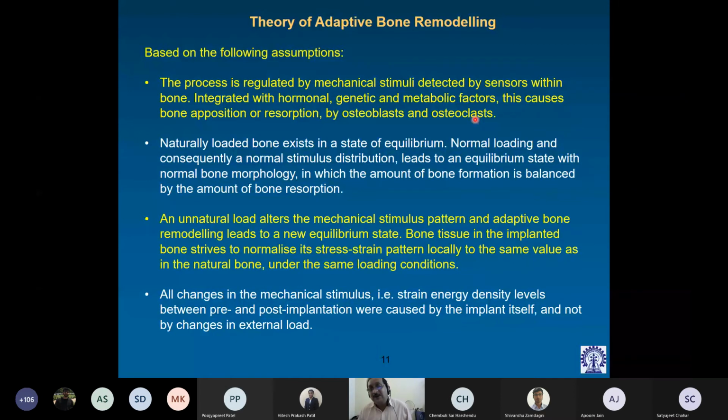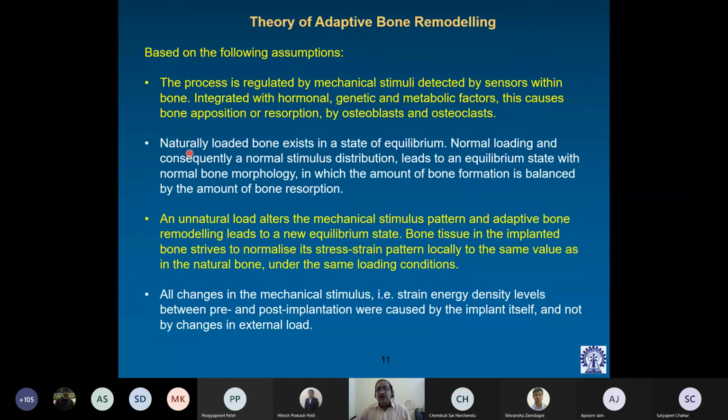The activity of osteoblasts is to generate bone, or increase bone. This is responsible for bone density increase, whereas an osteoclast is more responsible for bone loss. These two types of cells are responsible for apposition and resorption respectively.